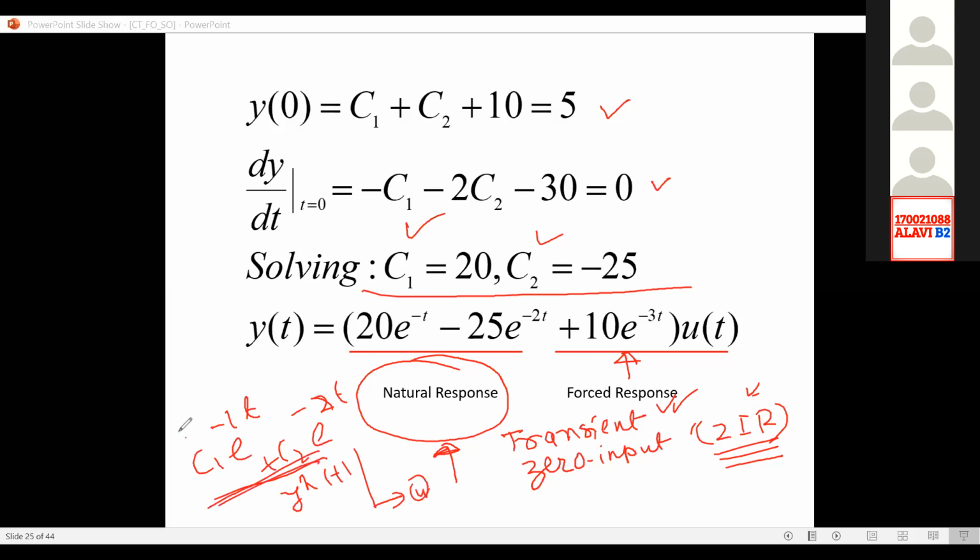In that case, the values of C1 and C2 will not be equal to these values of C1 and C2. When we apply our initial conditions to y_h(t), then this solution will be equal to ZIR. And if we subtract this solution from this equation, you will get the transient part.